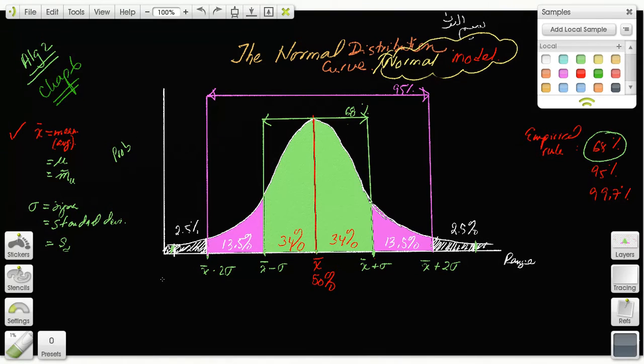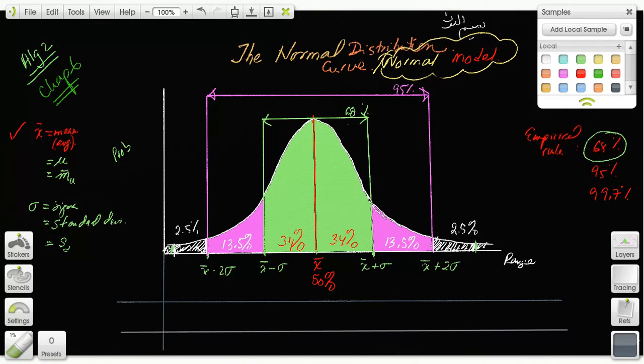Now, as I said, we have 2 other things that we need to add to this graph, and I'm going to put them over here. These are very important. The first is percentile, and this is very important because a lot of test scores are given in percentile.